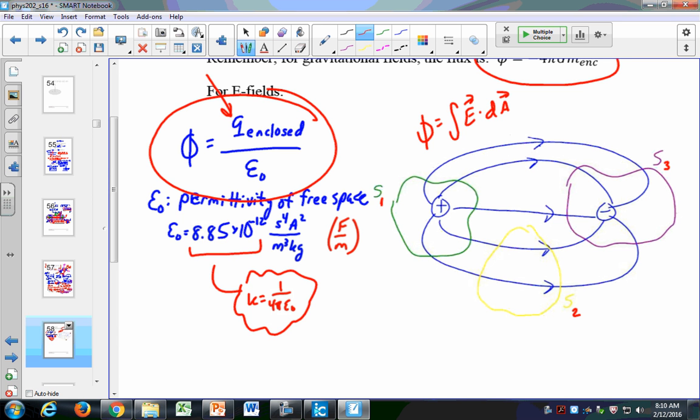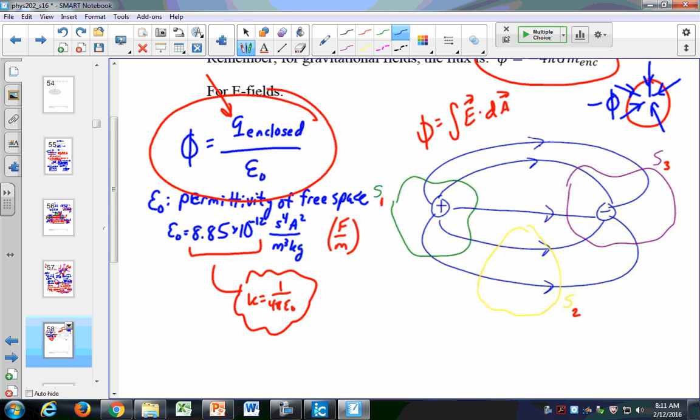So for example, if I had a spherical Gaussian surface like this, and I have electric field lines going in like that, that would be a negative flux. If they were emanating outward, it would be a positive flux. If I had equal numbers going in and out, it would be zero flux.